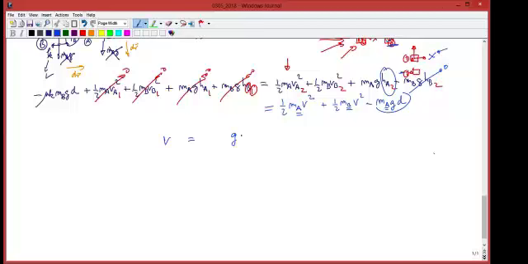So we have g d, we have m_A minus mu_k m_B. And then we have a factor of 2 coming from inside the square root. And then we're going to divide by, am I forgetting something here? Yeah, by the total inertia.